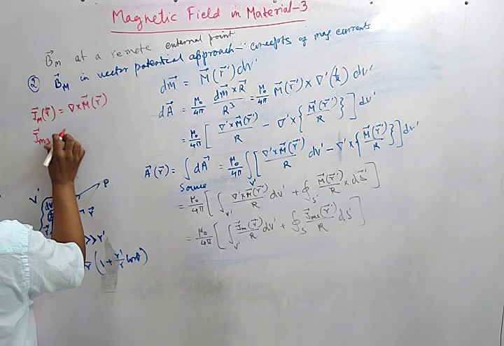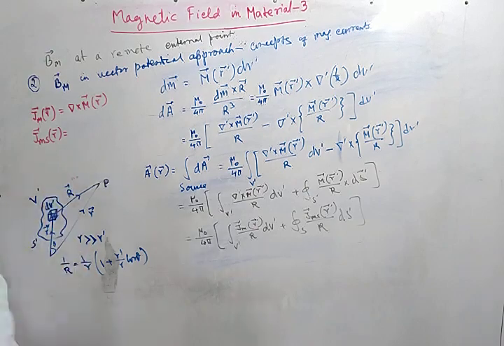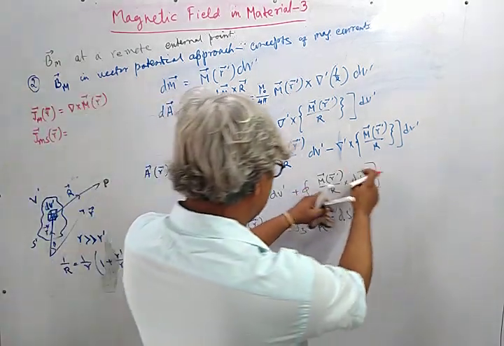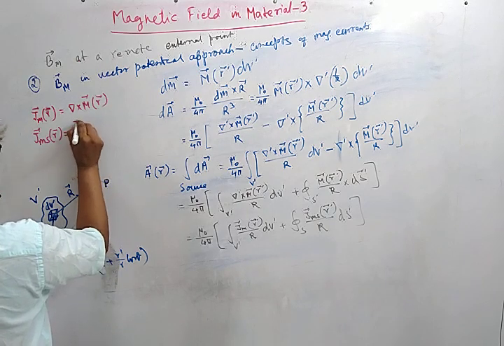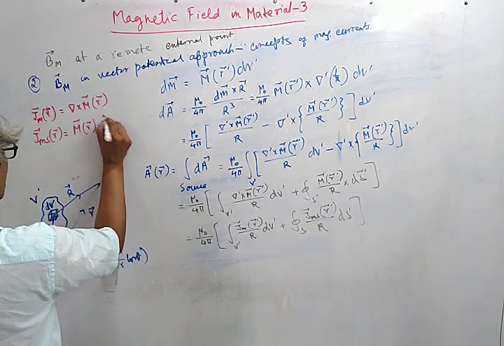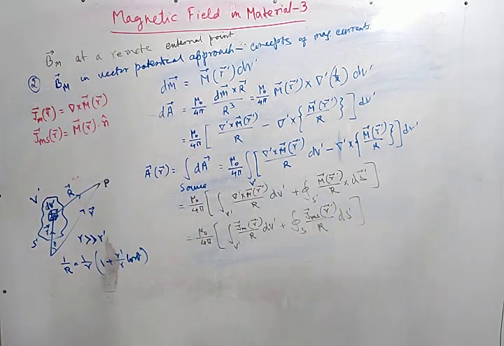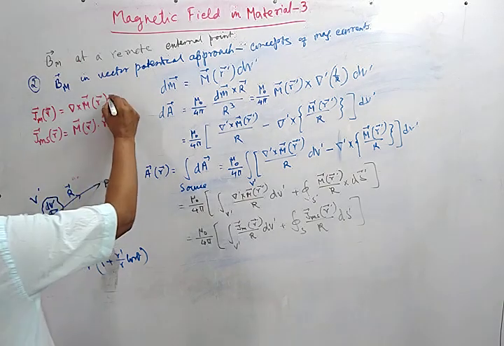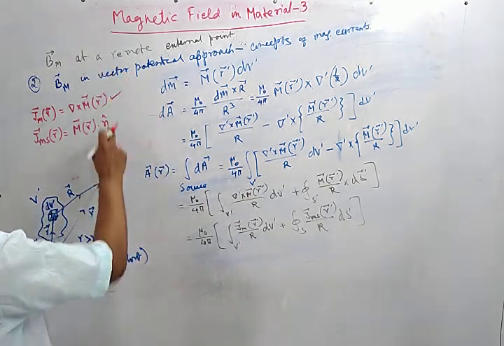Jms at R is equal to n cap. The direction is taken within this. In our earlier class, following intuitive argument, we got this, but we missed this.